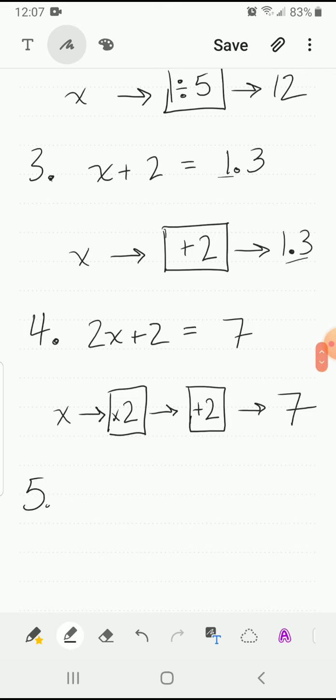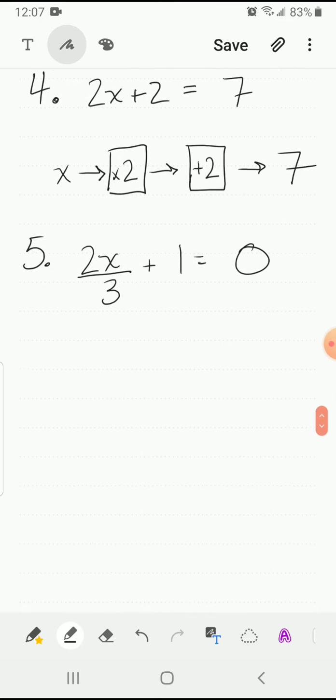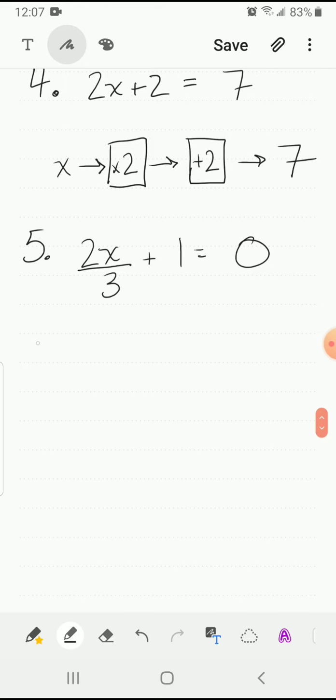All right, now let's do a different example. What if we had something like 2x and it's being divided? Now we could write divide by like this, or we could write divide like this. Let's say it equals 0, just for fun. Okay, so now there's actually 3 things happening to this x.